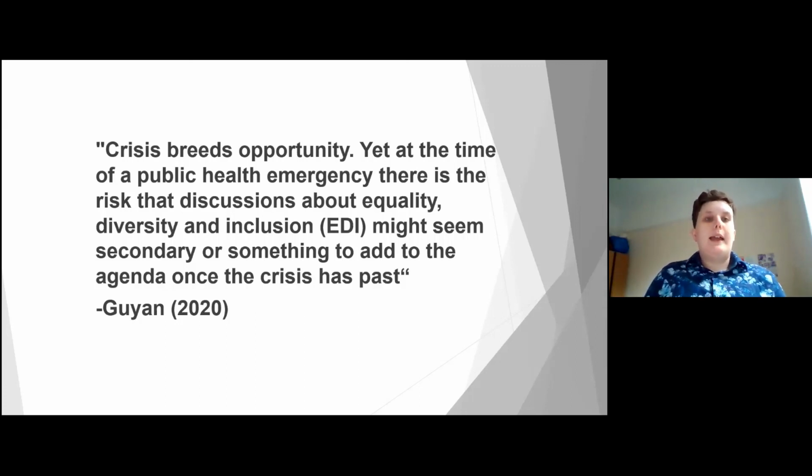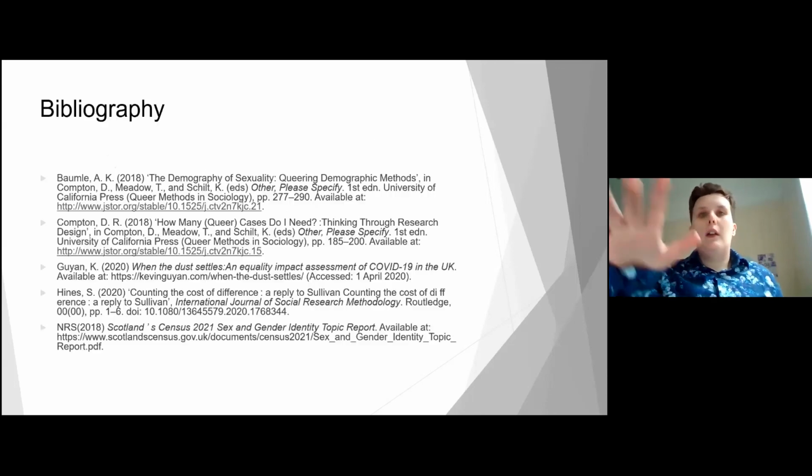But this also intersects with class and occupation, because people might be more likely to be in occupations where they are exposed to it. Meeting the needs of these groups, and identifying inequalities in the UK this way, is integral to how we should be progressing during times of crisis.